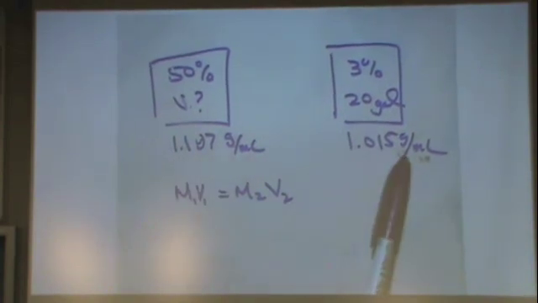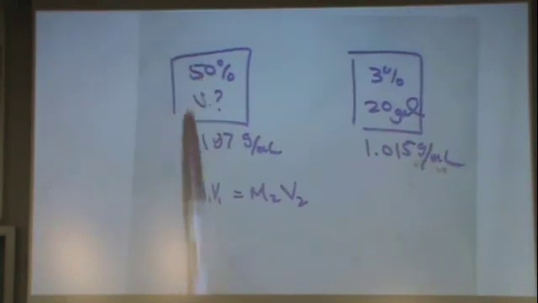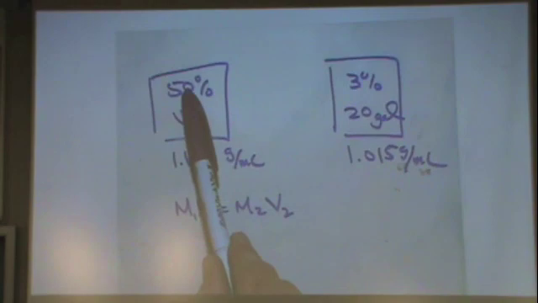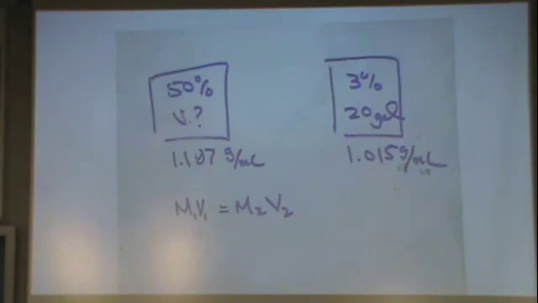This density causes a problem: you cannot plug these percentages in here directly because these densities are not the same. Because of that, you need to convert this from percent mass to molarity. And that's kind of, for most people, the hard part of the problem.